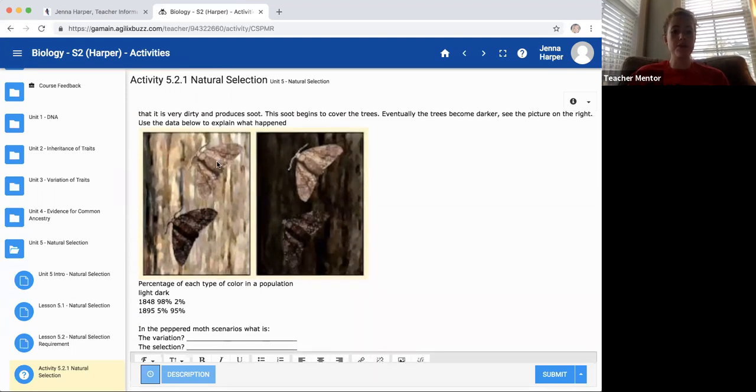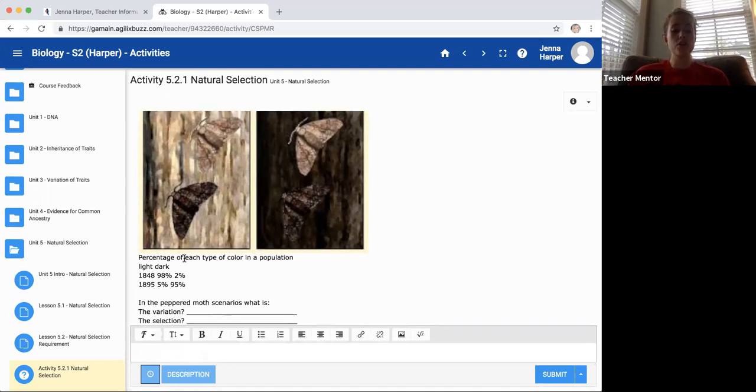So if we look at the pictures, we obviously have two different moths. We have a lighter colored moth and a dark colored moth on a tree. And then in this other picture we see a lighter colored moth and a darker colored moth on a tree with soot on it from the coal. So let's look at the data. It says percentage of each type of color in a population, light to dark.